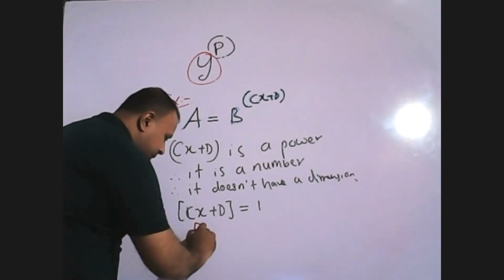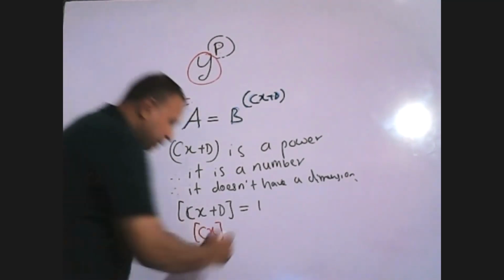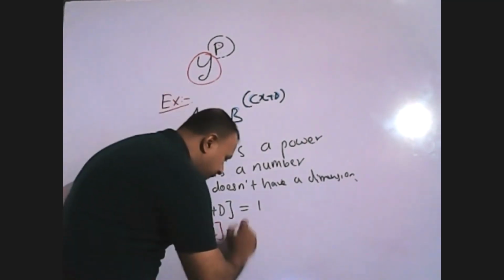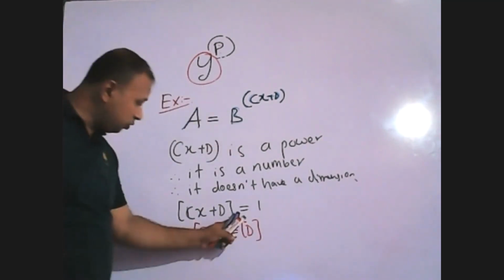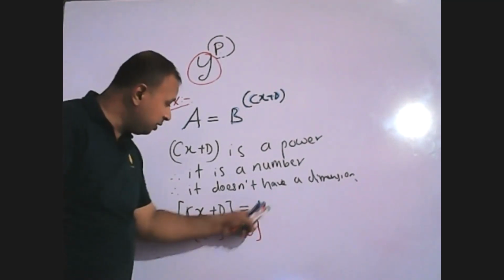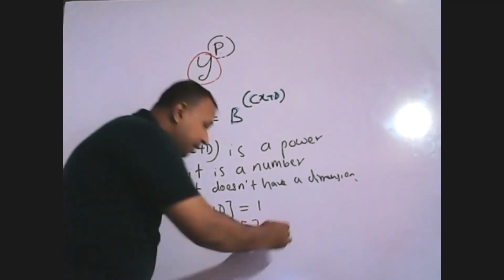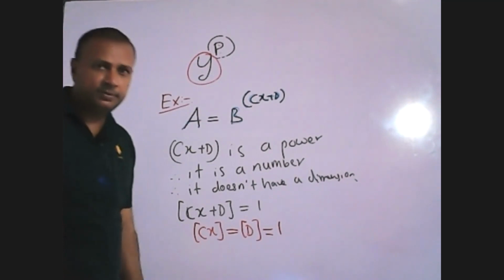So Cx is one term. So the dimension of Cx should be equal to the dimension of D, and it should be equal to the dimension of this side. So what is the dimension of this side? It is 1. Dimensionless.